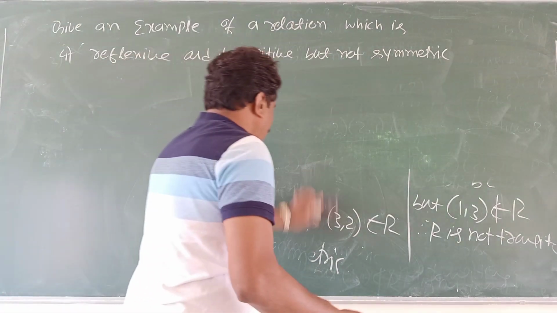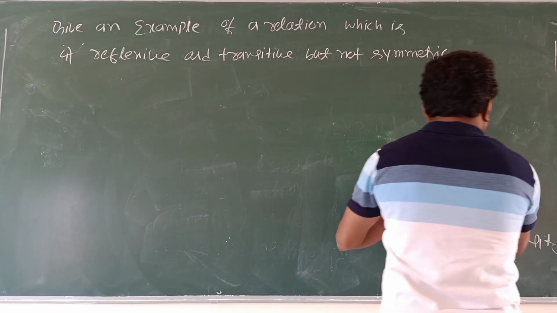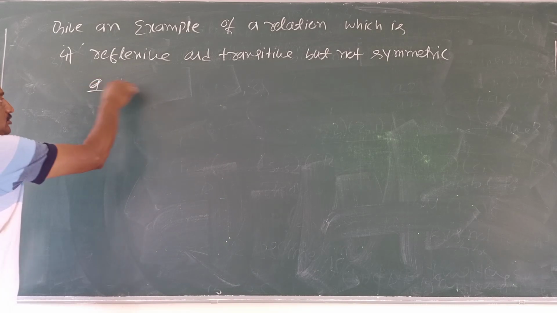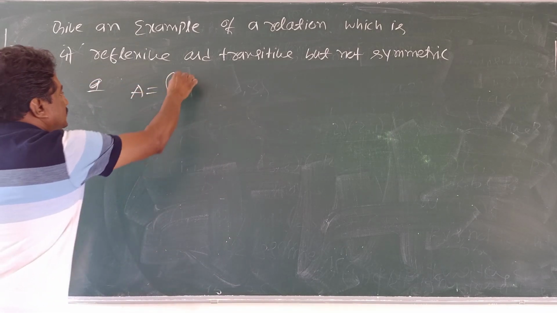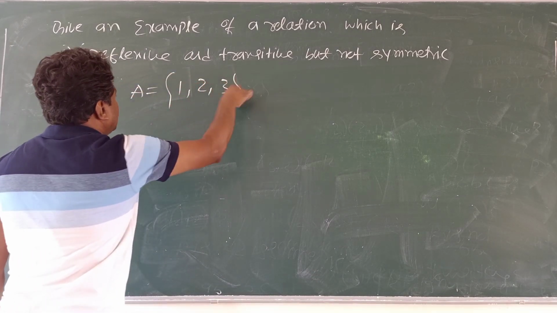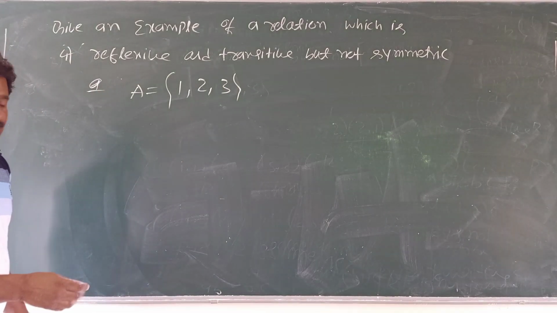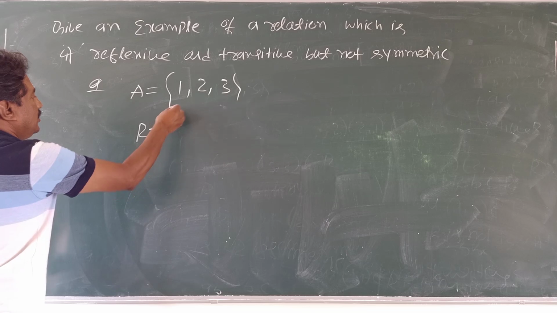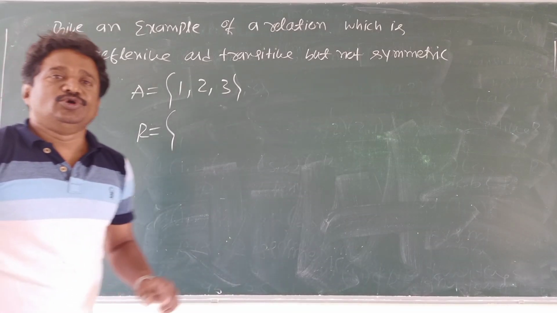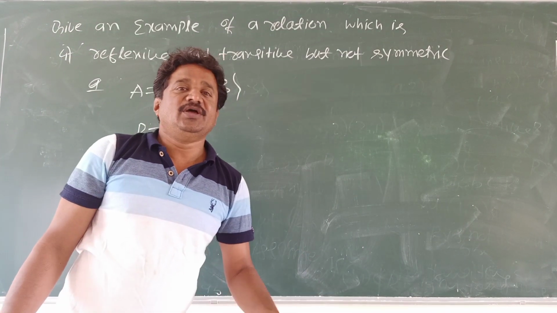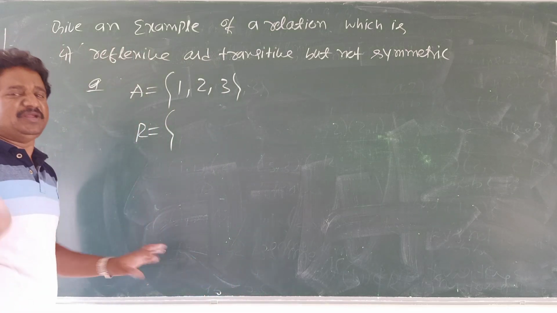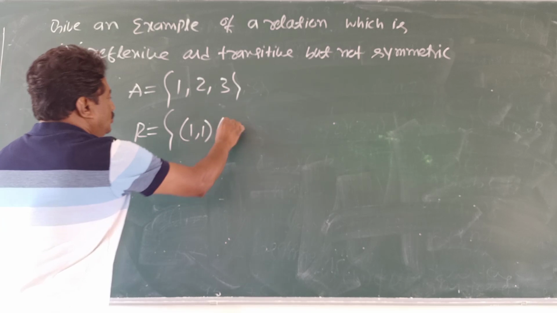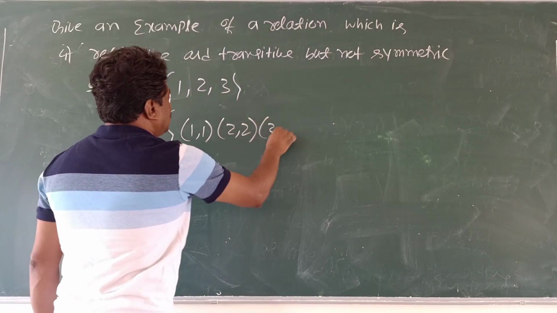Solution. First you write set A. Set A is {1, 2, 3}. You write a relation which is reflexive and transitive. To make R reflexive, I should add (1, 1), (2, 2), (3, 3).